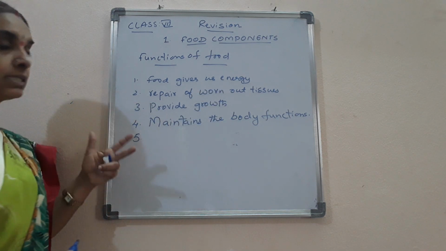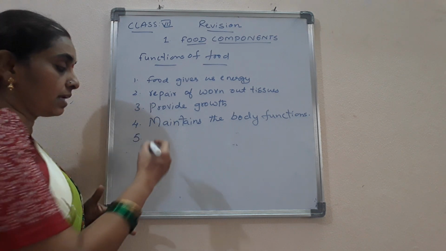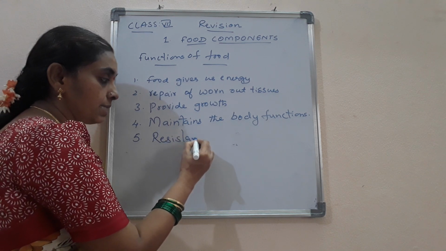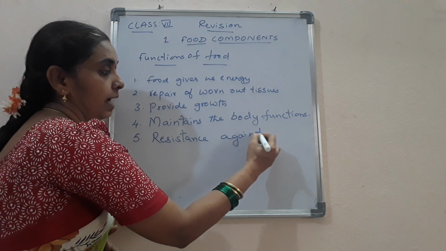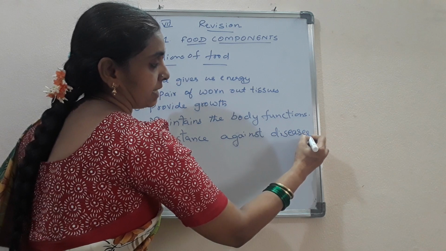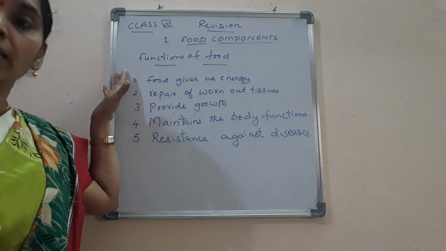Okay, children. Next, it also helps in maintenance of the body and gives resistance against diseases. It provides us the resistance against the various disease causing germs and prevents our body from getting diseases. So these are the functions of the food.